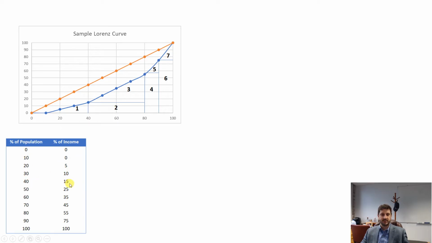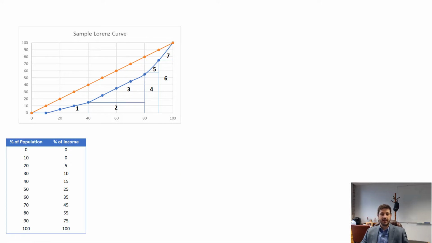They each get 5% of the income. And then from the 40th to the 80th percentile is a straight line. They each get 10% of the income. And then the 80th to the 90th, and then the 90th to 100th percentile. So we can break that up into triangles. 1, 3, 5, and 7 are triangles, and 2, 4, and 6 are rectangles, and we can calculate the area.